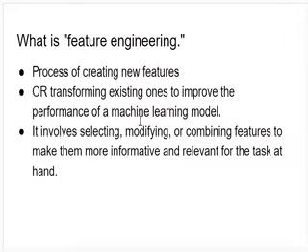It involves selecting, modifying, and combining features to make the data sets more informative and relevant for the tasks at hand. So this is the feature engineering stage in data science.